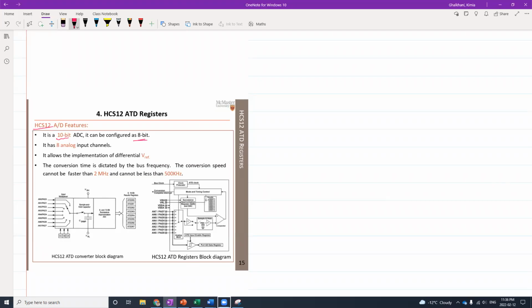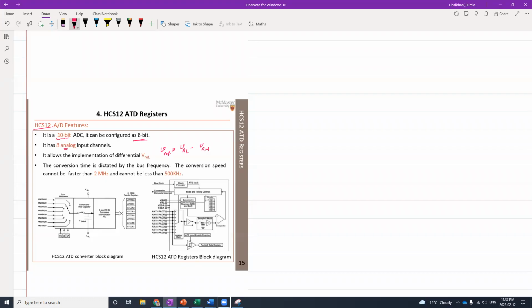It has 8 analog input channels, and it also accepts the differential voltage, which is equal to what we have discussed earlier, V reference low minus reference high. So it is accepting this one as well.